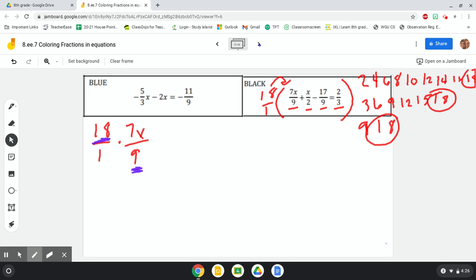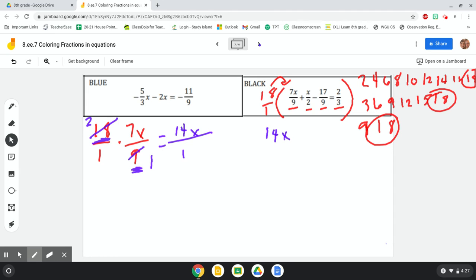I know that 9 will go into both 18 and this 9 down here. So I can divide 18 by 9 and get 2, and do the same thing here and divide by 9 and get 1. Now I've simplified and I can multiply straight across. So I can say 14x over 1, or just 14x. Okay, so I'm going to list that as my first term.